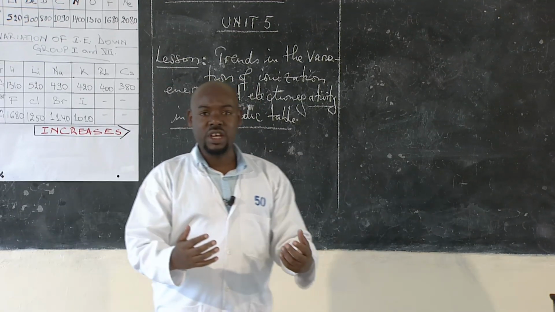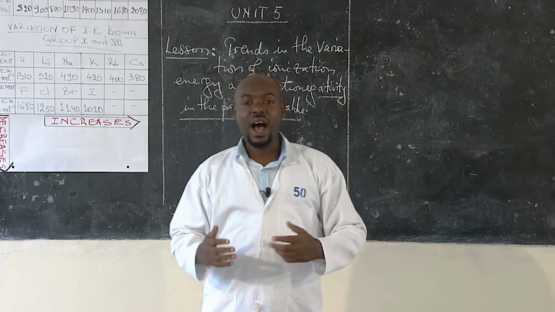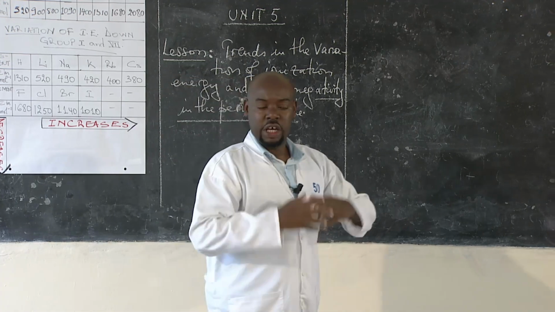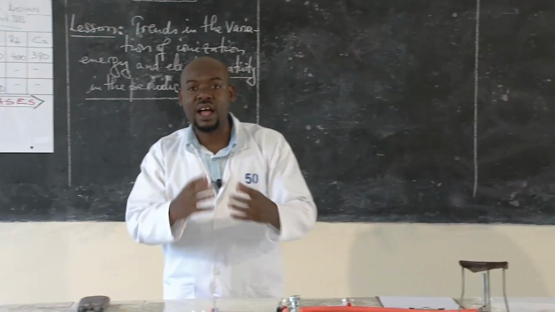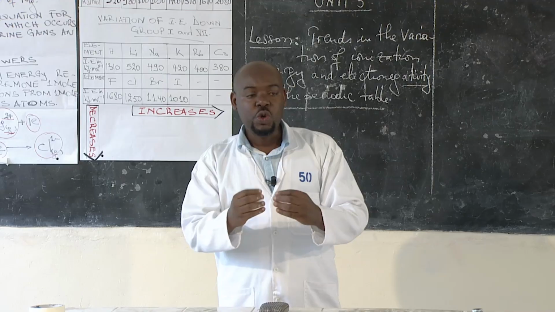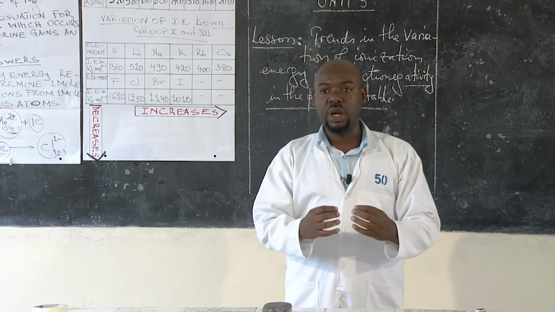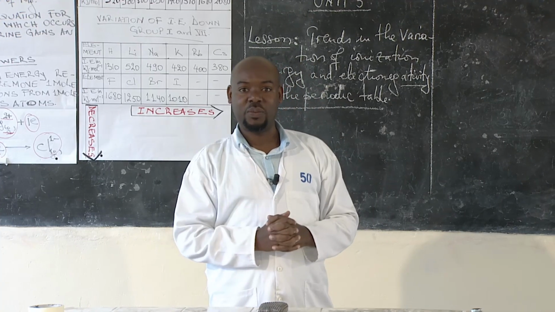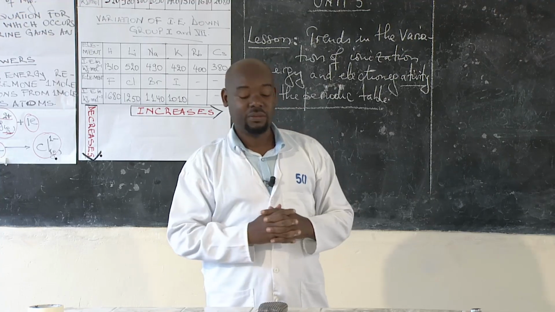So some of the electrons will experience a stronger attraction, while other electrons will experience a weaker attraction in various atoms. So how will that change in the periodic table? We will use the atomic radius to see and explain how the ionization energy varies in the periodic table. First of all, let us have a look at the data.